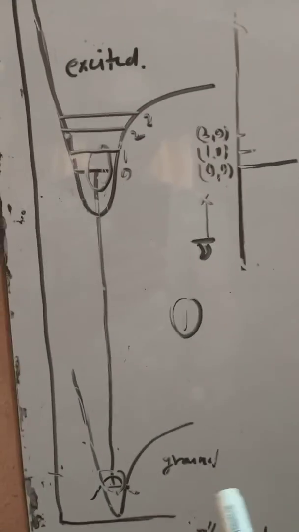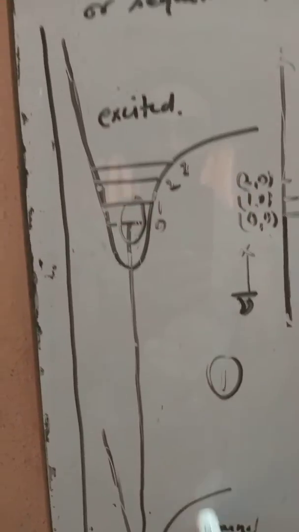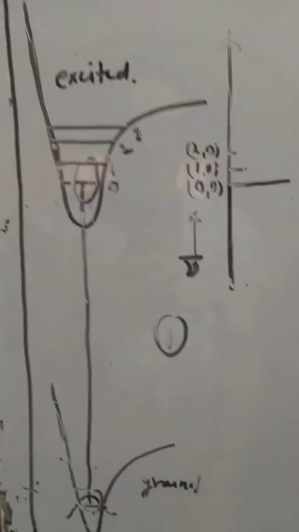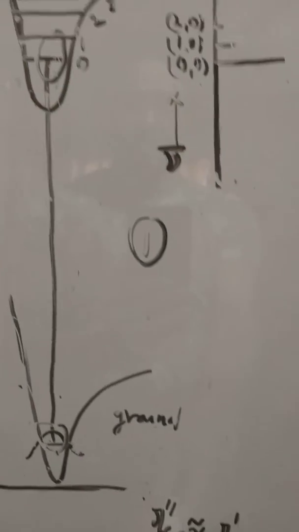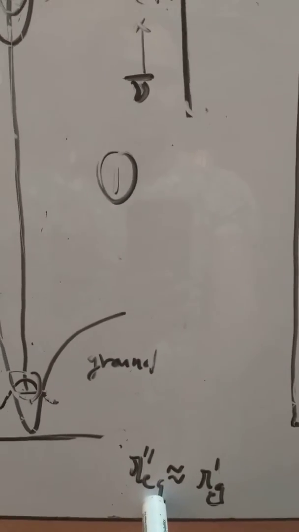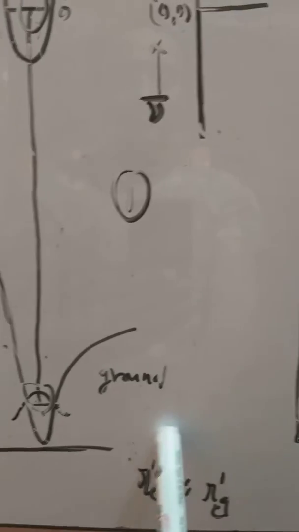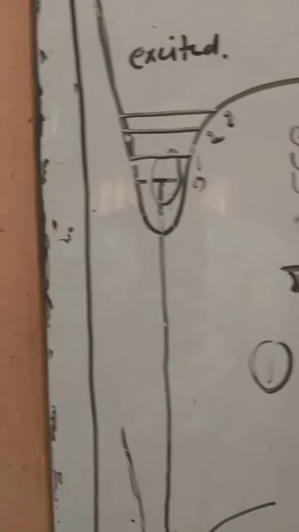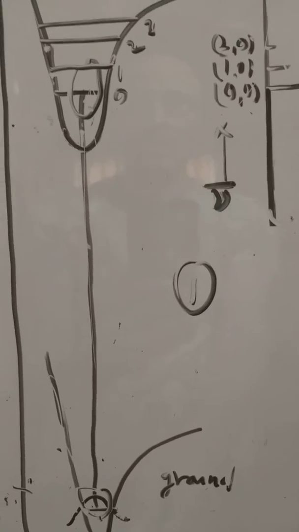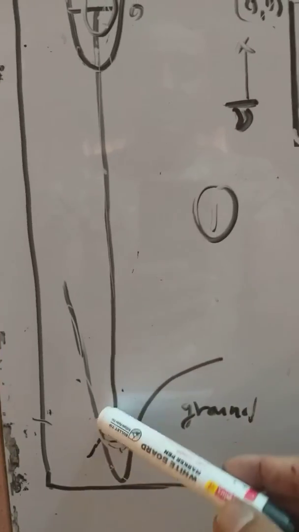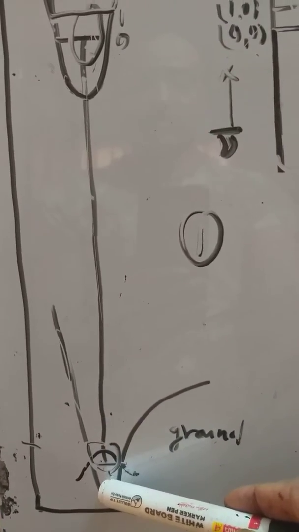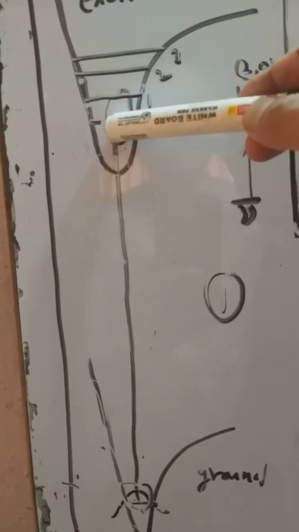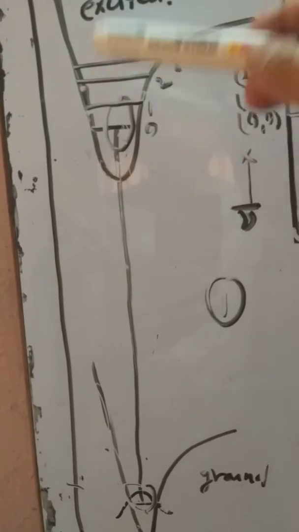This is the ground electronic state and this is the excited electronic state. When both of these states have the same or approximately the same R_eq value, then the transition according to the Franck-Condon principle will take place from its center to the center of the excited electronic state.